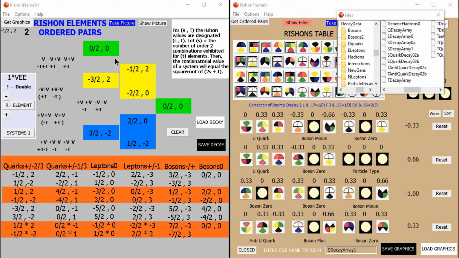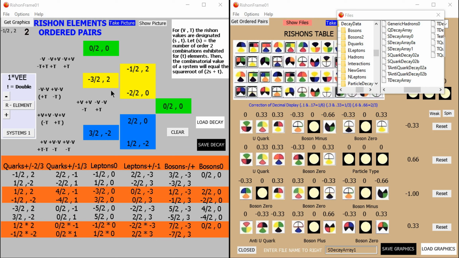And for the generic U component of that U quark, we have S equals -1 divided by 2, and for T equals 2, which we can see here in this assembly of the V and T rishon groups.